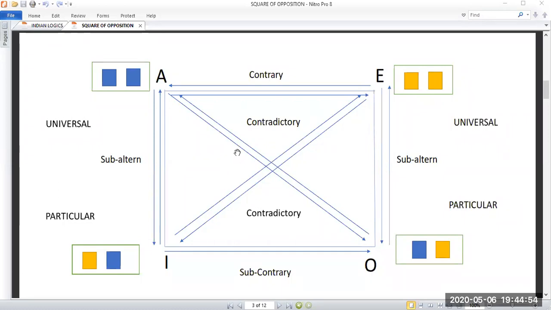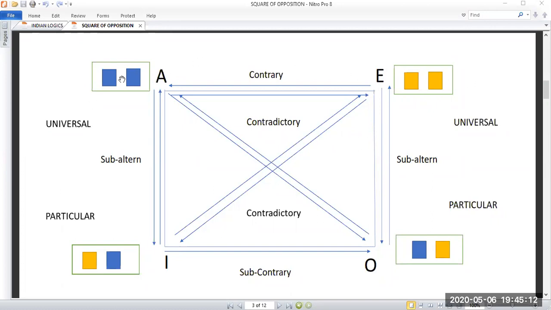So contrary means if A is true, then definitely E is not true. Contrary means both cannot be true. Okay. Both cannot be true, but both can be false. That is contrary.